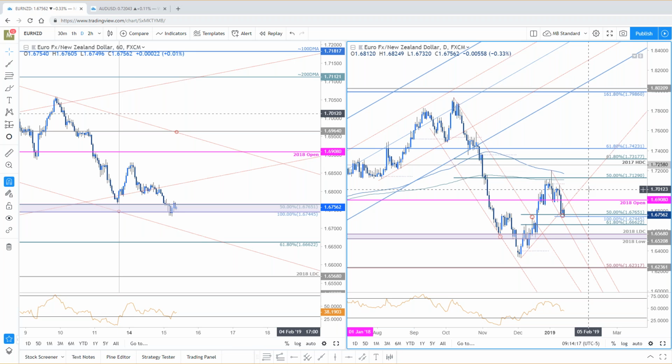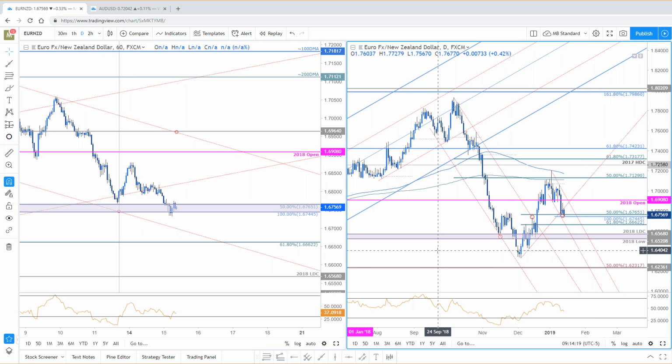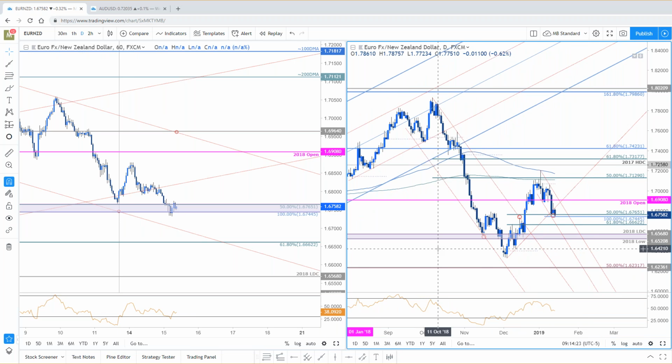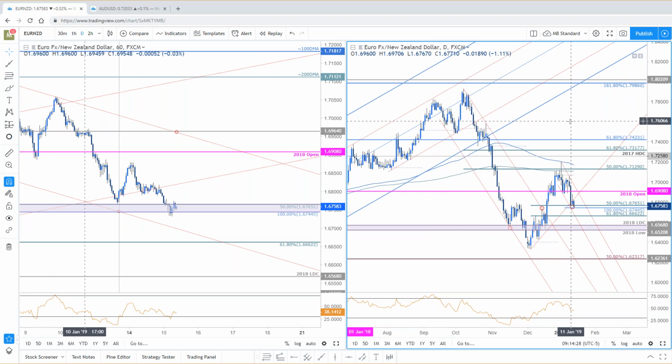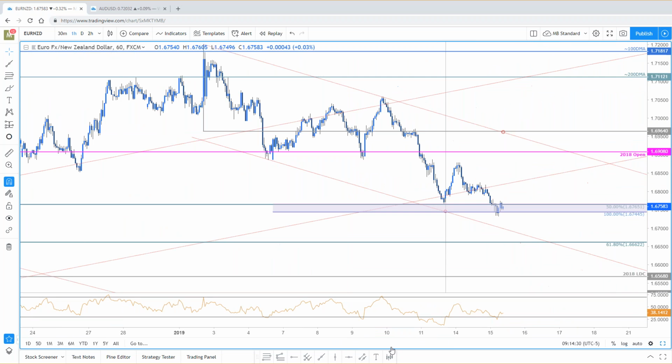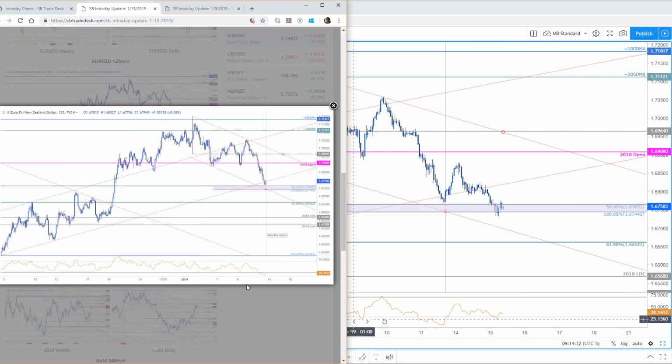Make sense? Any questions on Euro Kiwi? No changes to any of those levels from Sunday. You're sitting right at that key support barrier we highlighted at 67.45, 67.65.